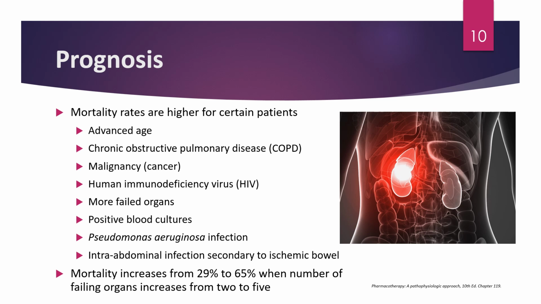Positive blood cultures, which we commonly see in sepsis, Pseudomonas infections and other multi-drug resistant organism infections are also prone to have higher mortality rates. Intra-abdominal infections secondary to ischemic bowel. If you think about the vasodilatory response that happens, blood is also shifting away from the gut, because it's prioritizing heart and brain.